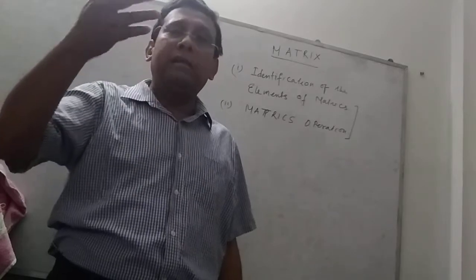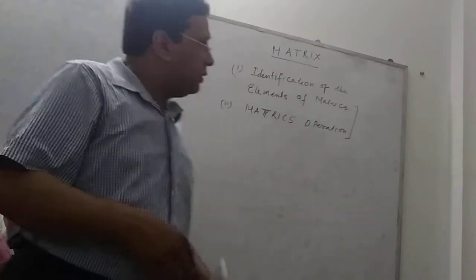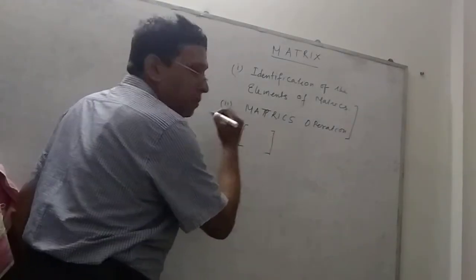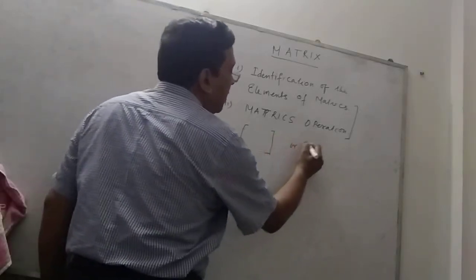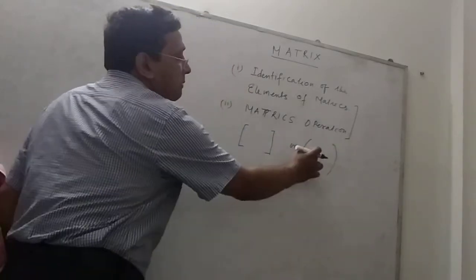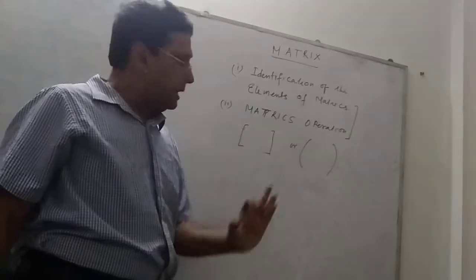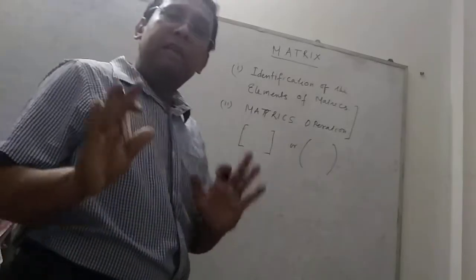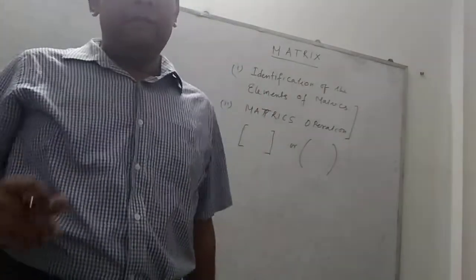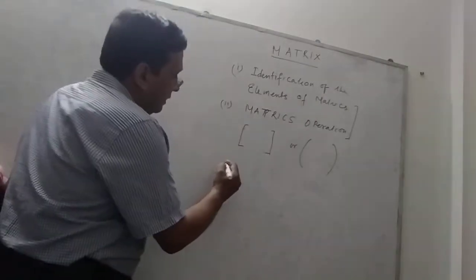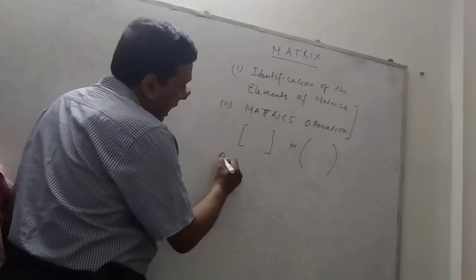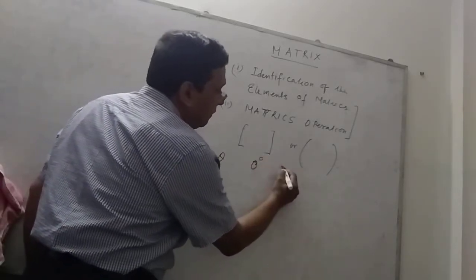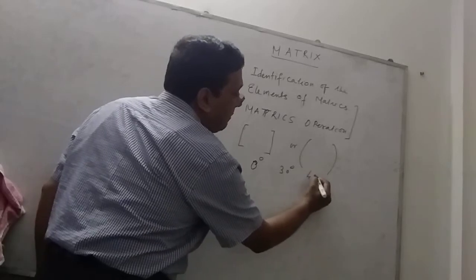Now, we can express this matrix by either the first bracket or the third bracket. In between this, we can write so many statements. For example, take the trigonometric table. All of you know that if I write along this theta, that is angles, and along this row, say 0 degree, 30 degree, and 45 degree.